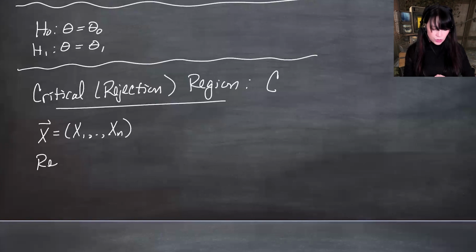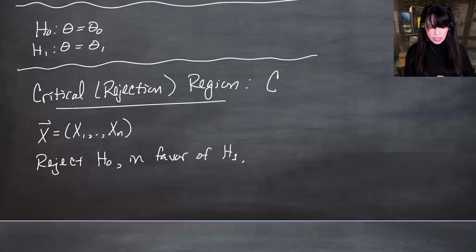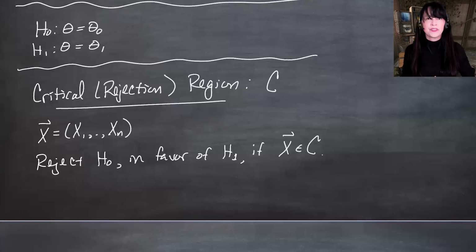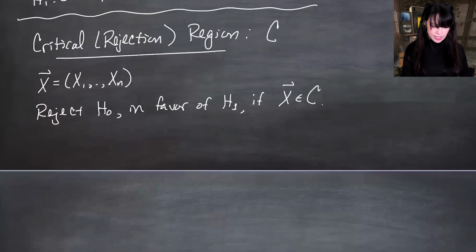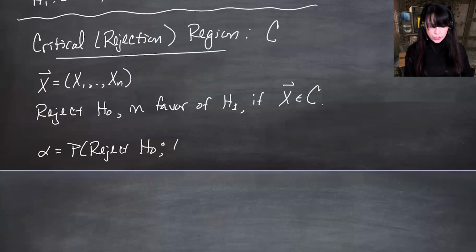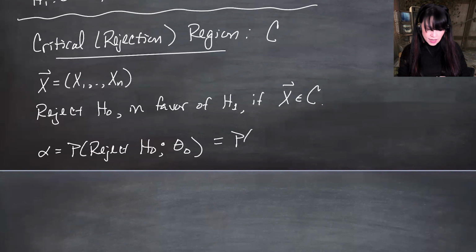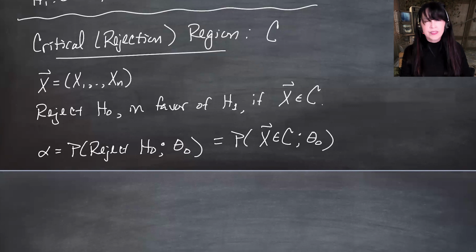And so we are going to reject the null hypothesis in favor of the alternative if the data X is in this critical region. And the critical region has a certain size that we call alpha. Alpha is our level of significance. So alpha is the probability you reject the null hypothesis when you shouldn't because it's true, when theta is theta naught. And now this is that the vector X is in C, because C is your rejection region.